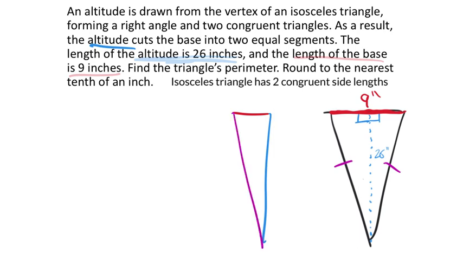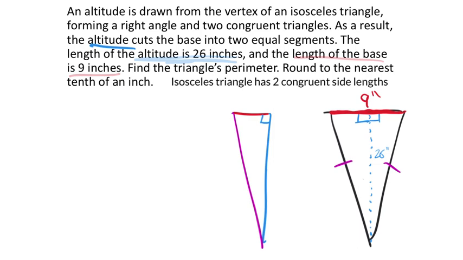That's not too bad for me. So this is a right triangle, because the altitude created a right angle with the base. The problem is that the base was altogether 9 inches. But what we've done is cut this thing directly in half. It didn't say that, but it did say that it cuts it into 2 equal segments. So that's in half.